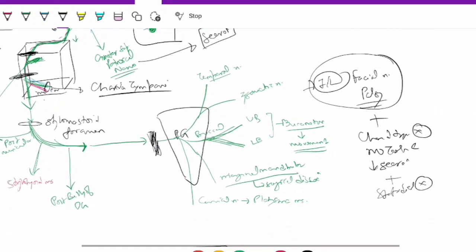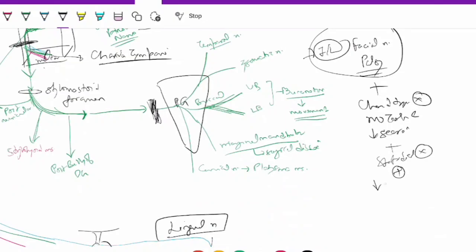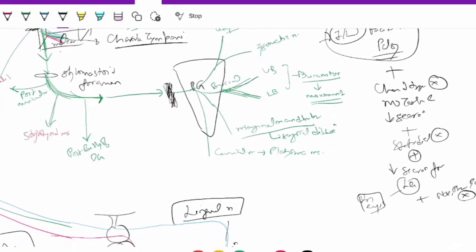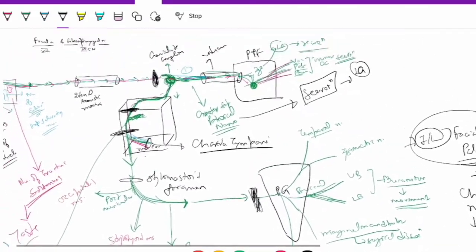Along with that, there will be loss of secretion from the lacrimal gland, also known as dry eyes, plus the nose, pharynx, and palate will also get dry. So here we have covered almost all the concepts associated with the facial nerve.